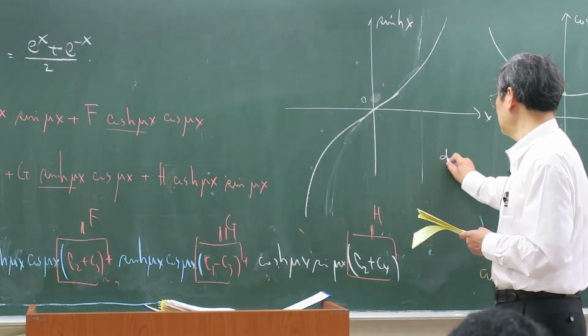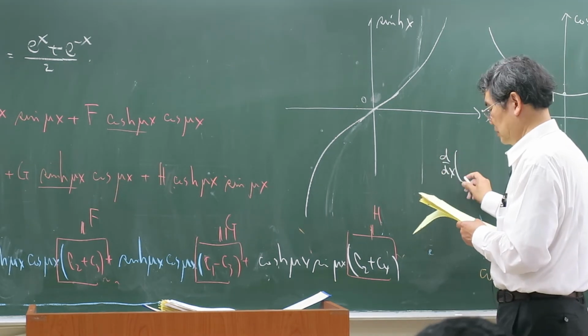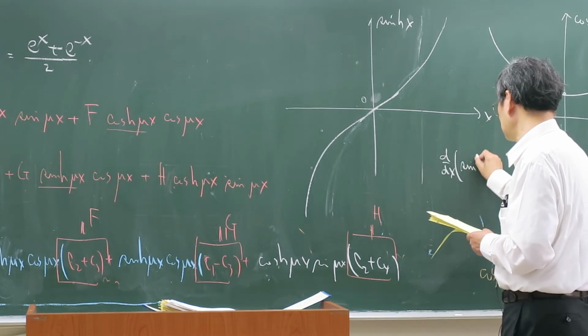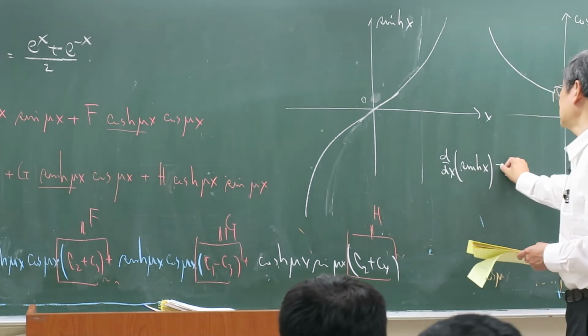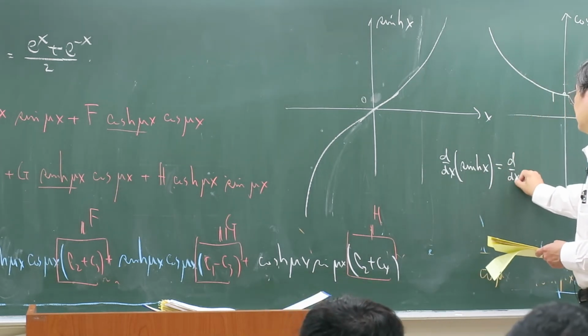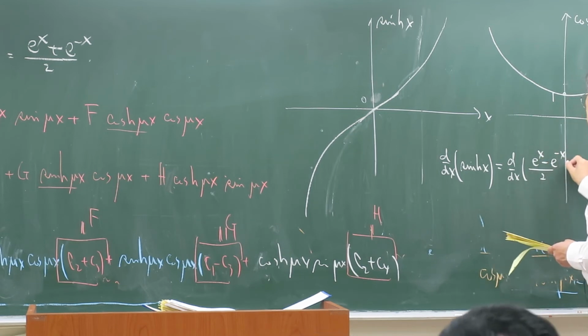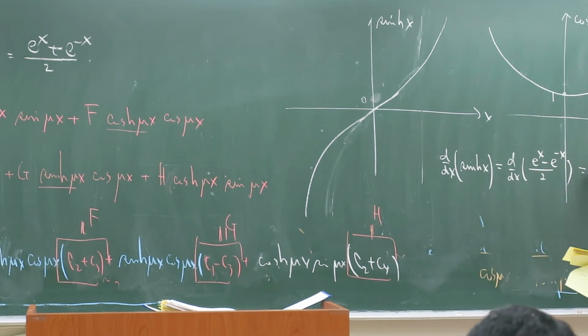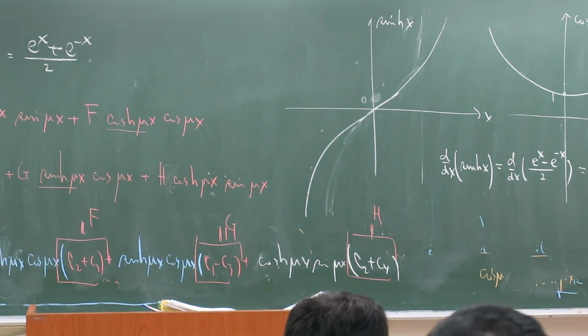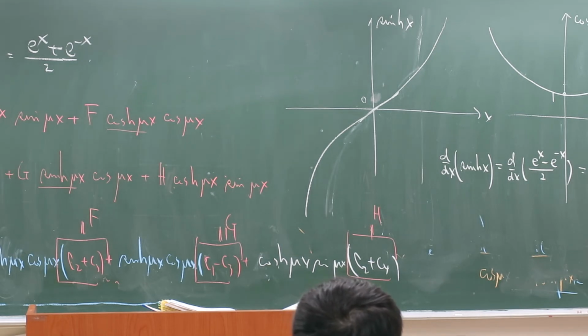And the derivative of hypersine x is just like the derivative of half exponential x minus exponential minus x, which is equal to half e^x plus half e^(-x), equal to hypercosine x.